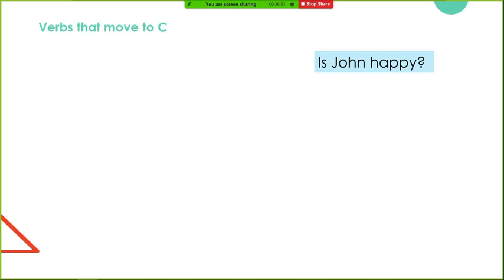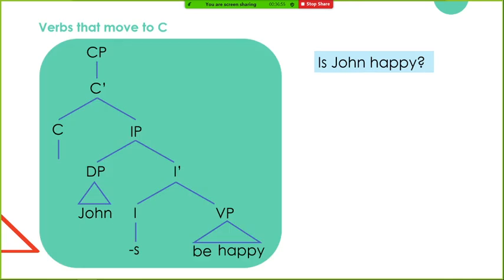This here is an example of such a thing. "Is John happy?" Okay, what's going on here? Well, we start off with the inflection, the tense, a bound morpheme sitting in the inflection position, and the verb in the verb position. In order to support the bound inflection, the verb is going to have to move and stick itself onto that bound tense inflection.